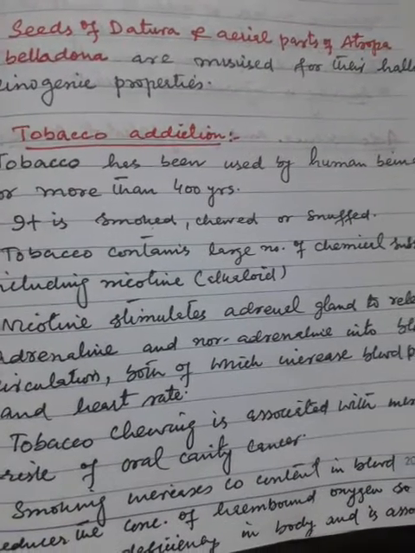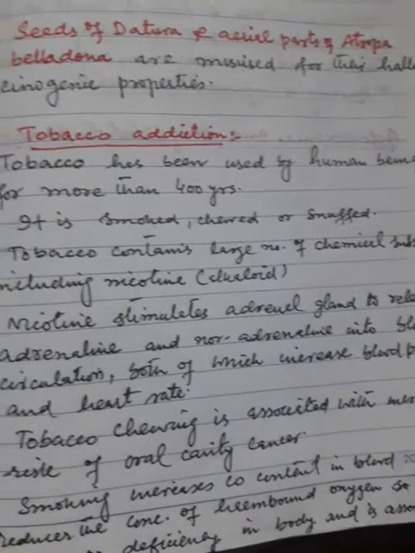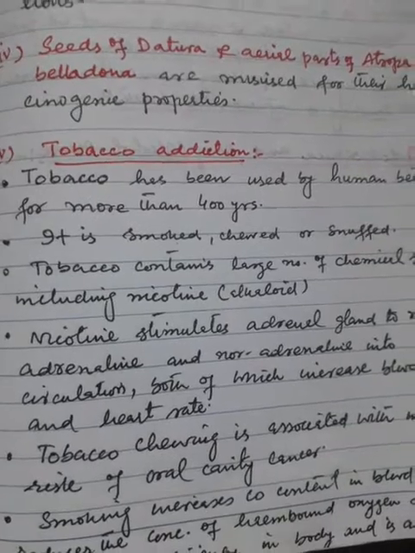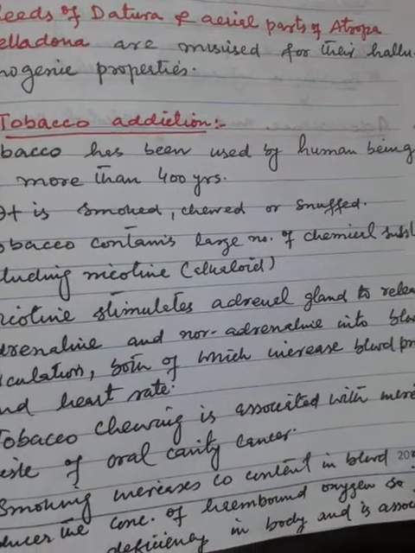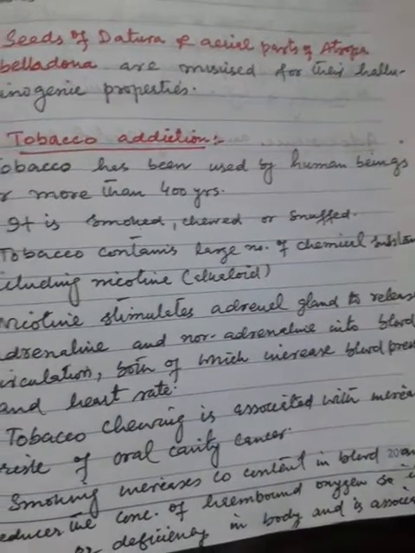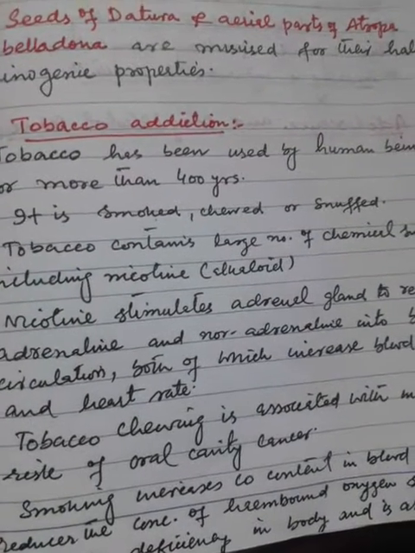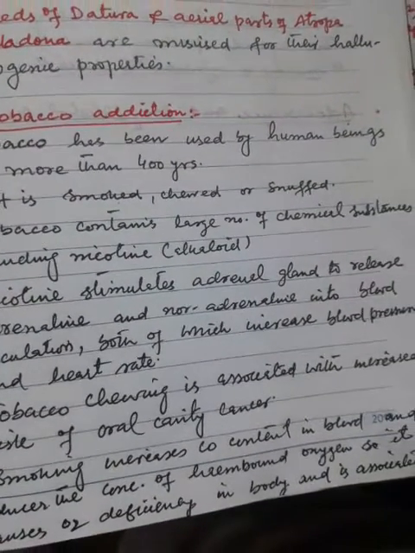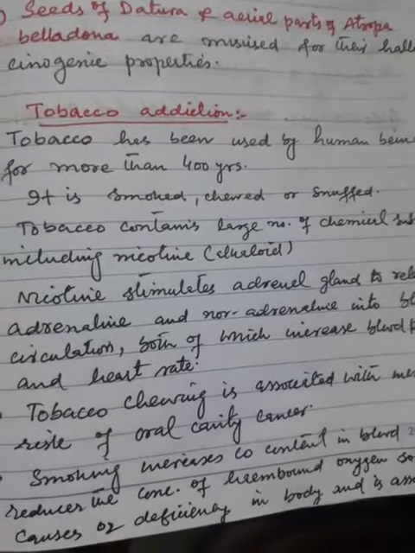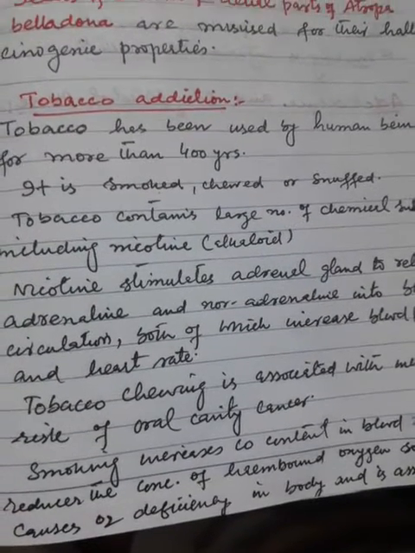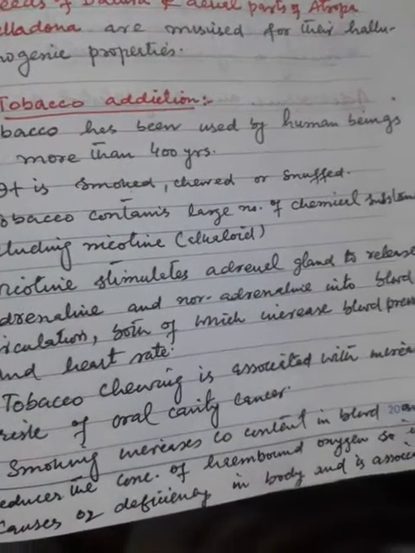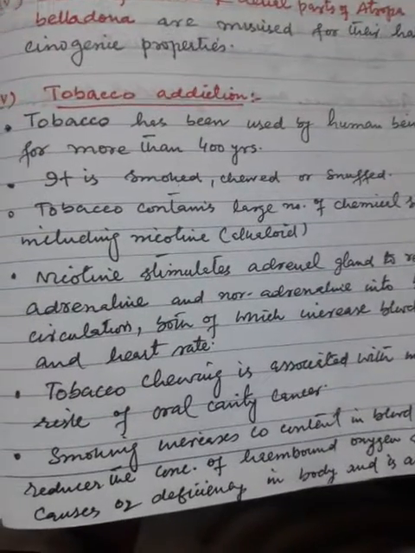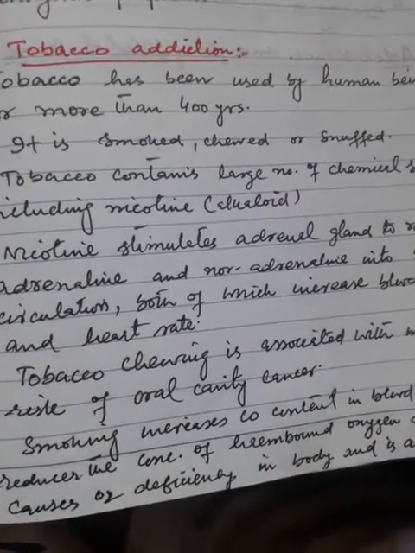Nicotine stimulates the adrenal gland to release adrenaline and noradrenaline into blood circulation, both of which increase blood pressure and heart rate. Tobacco chewing is associated with increased risk of oral cavity cancer.